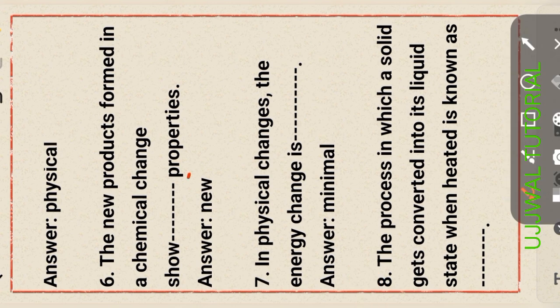The new products formed in a chemical change show new properties, that is, the composition of the product differs from the initial substance, the reactant. Next question, in physical changes the energy change is minimal.